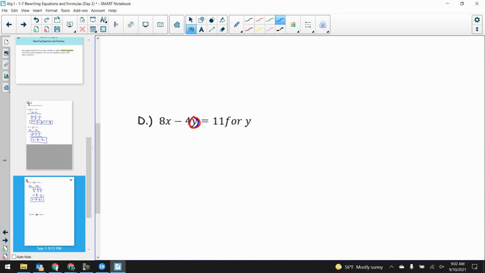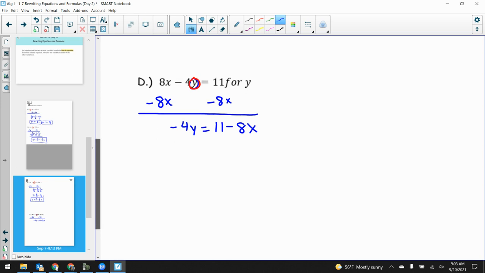Minus 8x, good. Now bring down the negative 4y, and it's 11 minus 8x on the other side. The only tricky part to this one is that I'm dividing by the negative. Watch out for that. And then everybody gets divided by negative 4.